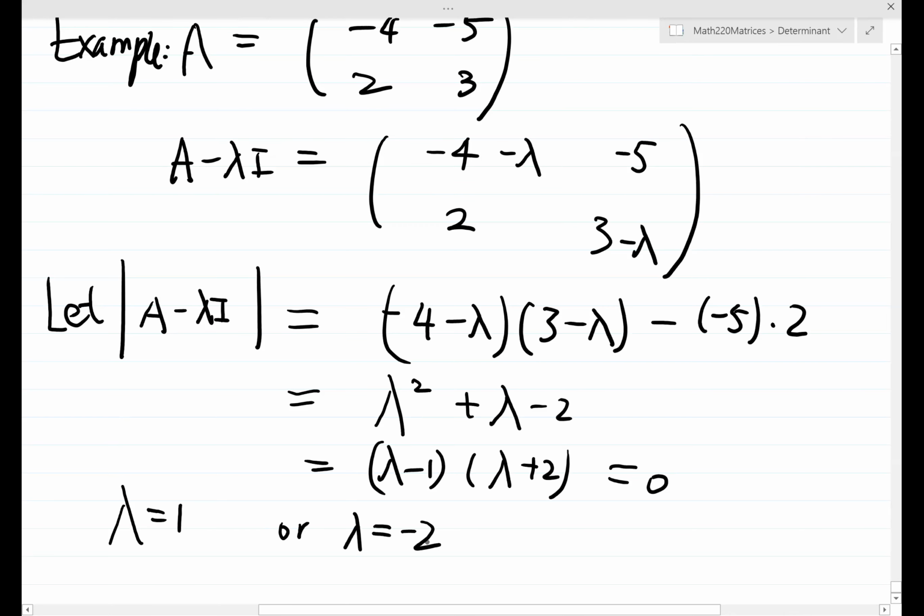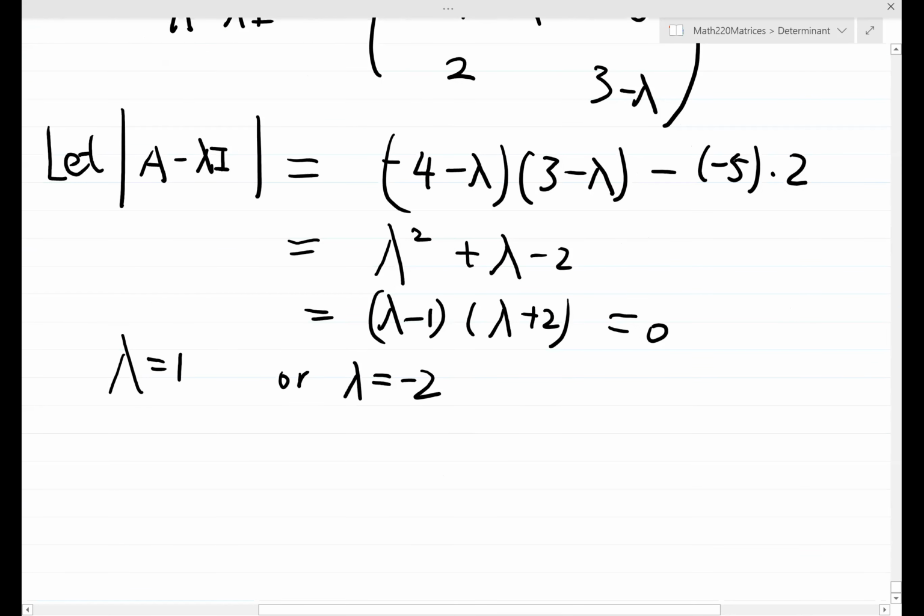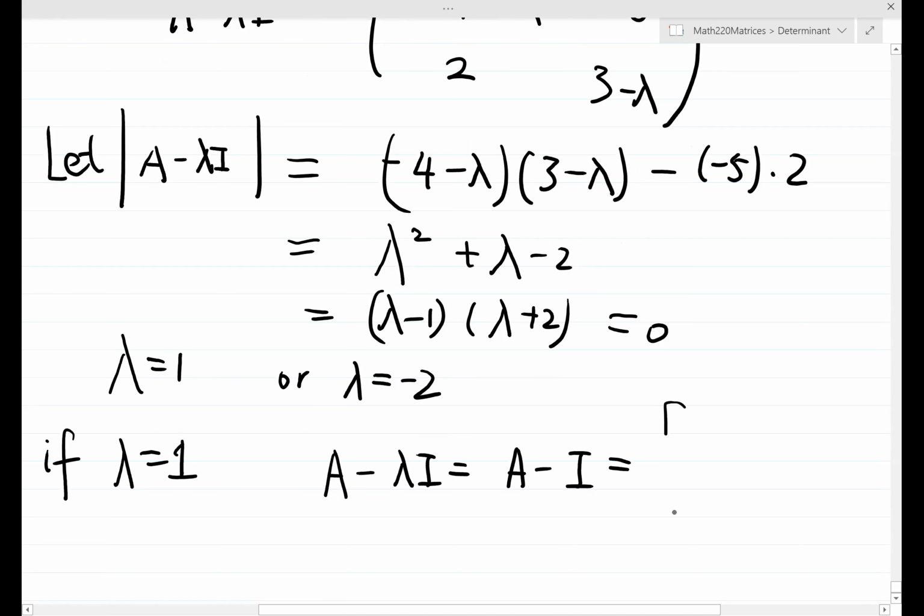Then if lambda equals 1, we see A minus lambda I is A minus I, and you write down -5, -5, 2, 2. Then you find the null space.